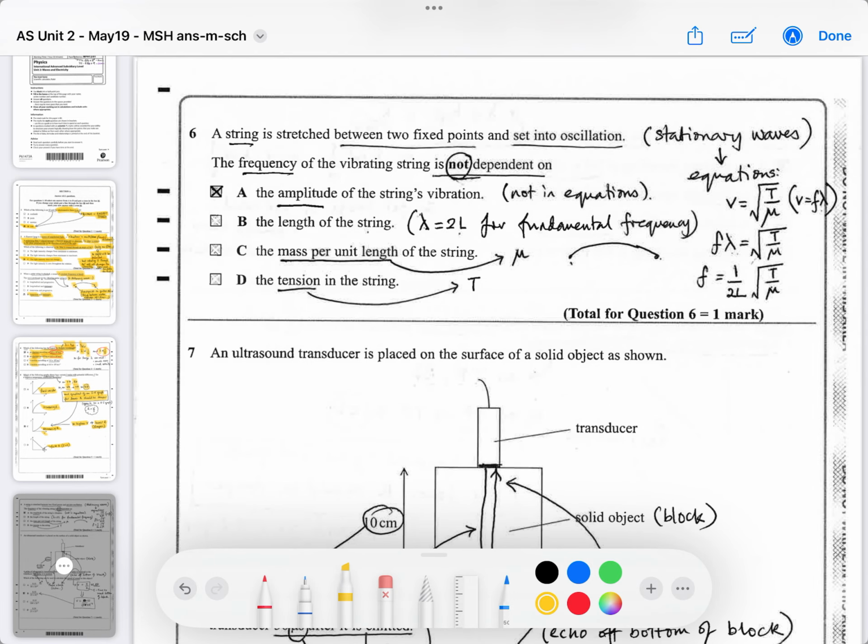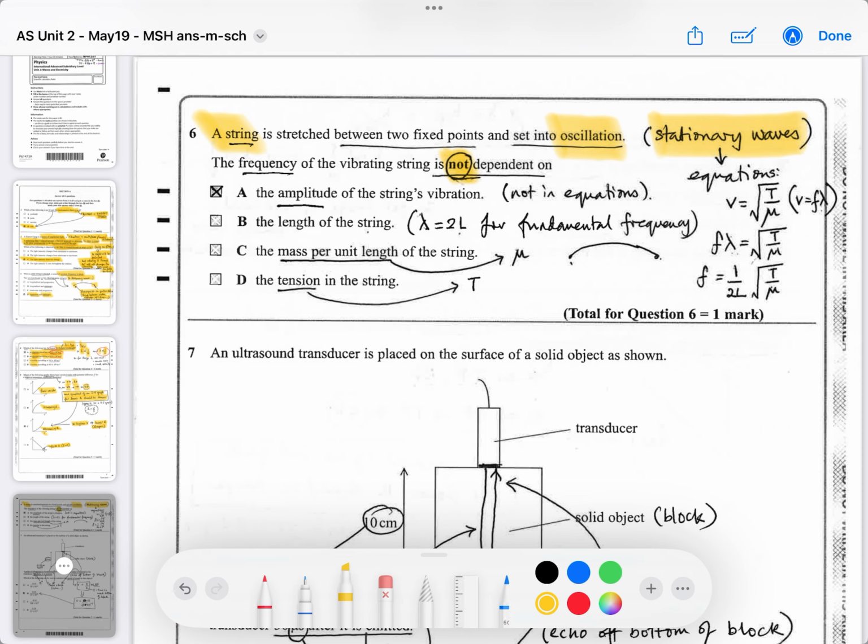Question 6: a string is stretched between two fixed points and set into oscillation. This oscillation sets up a stationary wave, and they want to know the frequency of the vibrating string is not dependent on which.